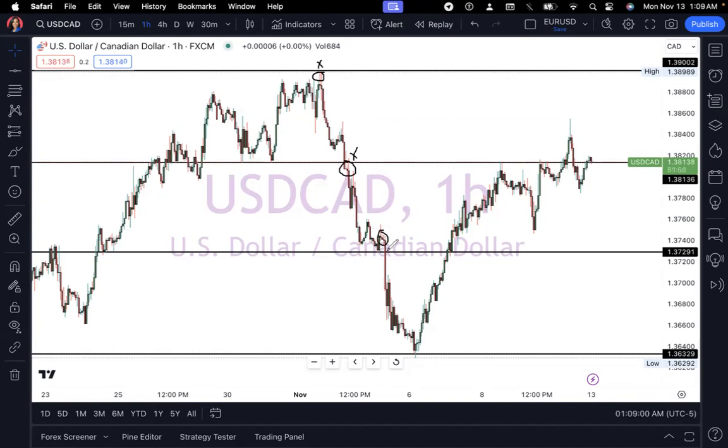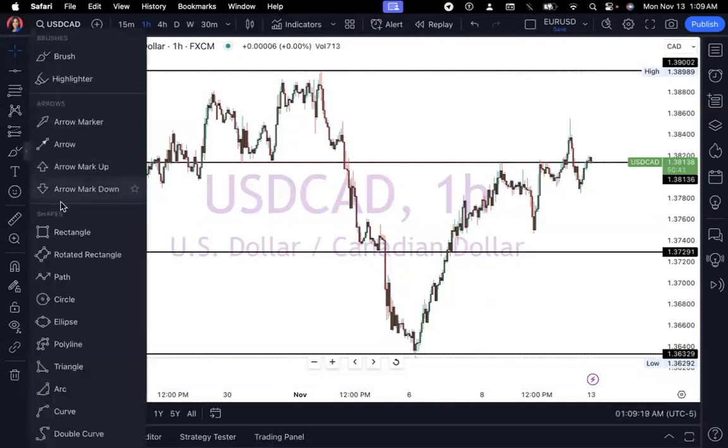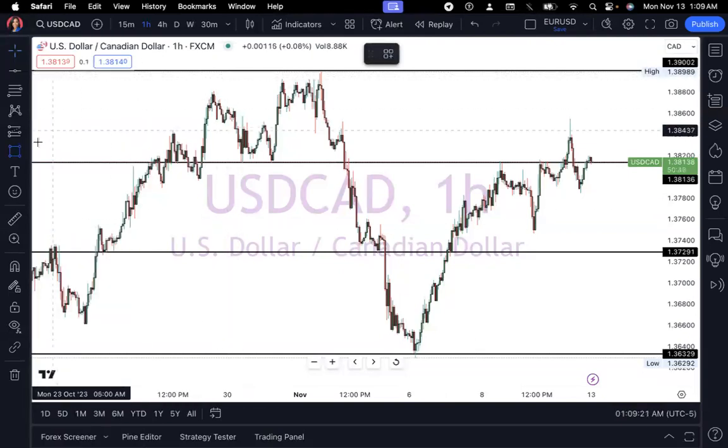We can see another area of resistance here. And it's really that simple. Whenever you see that the market starts to resist, this is literally called an area of resistance, or it's also called an area of supply. And supply is just a place in the market where it tends to sell.